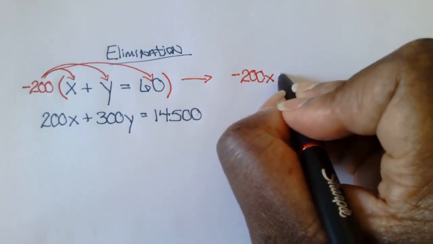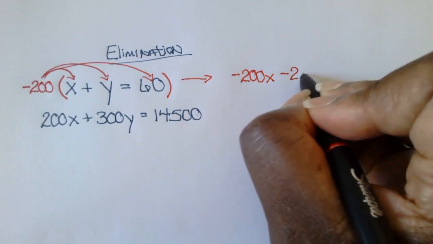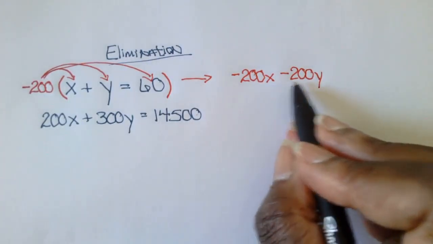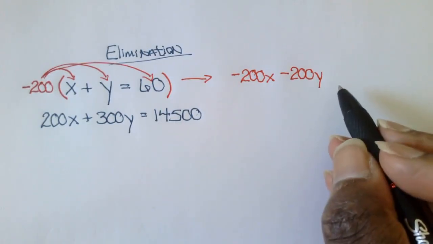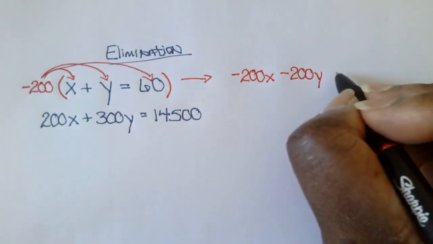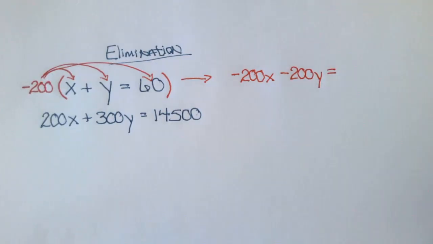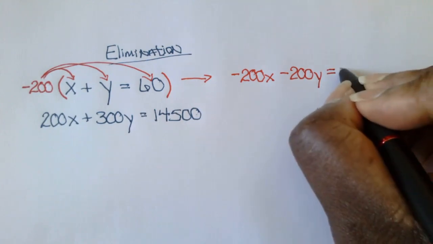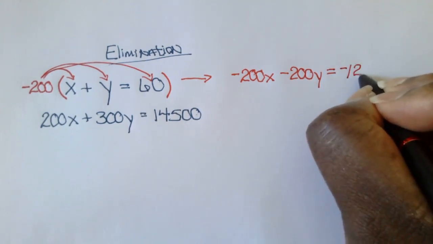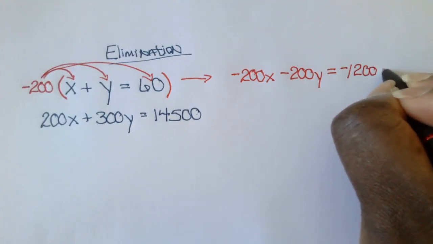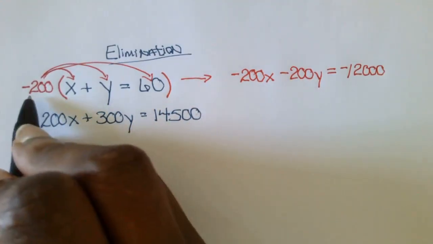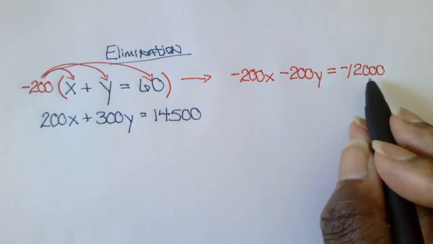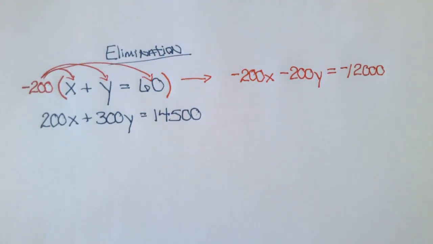Then we have our negative 200y. If you put a plus negative 200y, you can do that. Okay, that's perfectly fine. Bring my equals. And then negative 200 times 60 will give me my negative 12,000. Because 6 times 2 is 12, and we had 1, 2, 3 zeros, so we put 1, 2, 3 zeros.